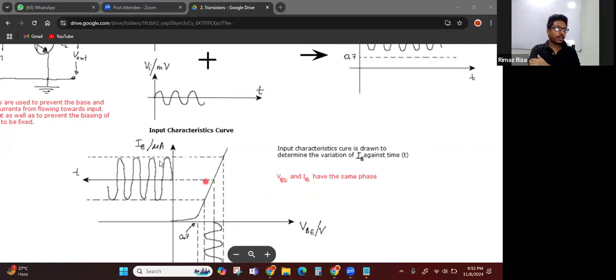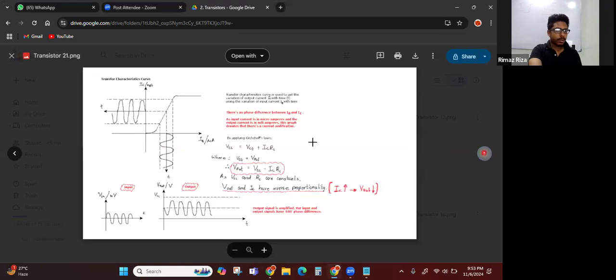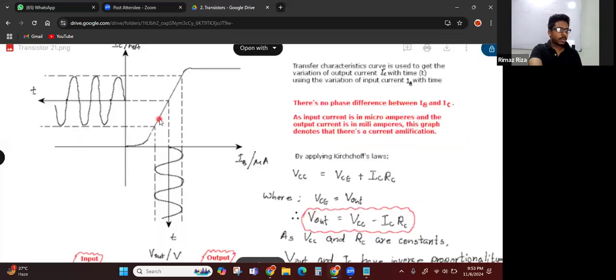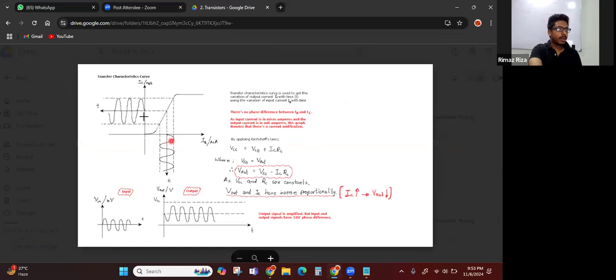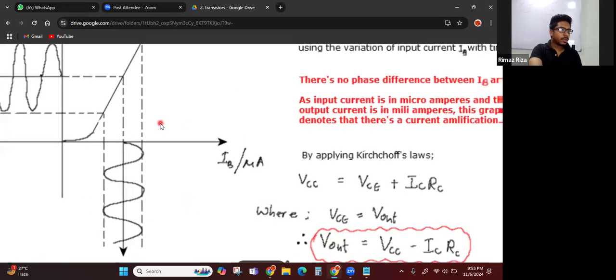And with this IB, IC will oscillate, right? And we know if the transistor is in the active region, IC is proportional to IB. So that one, I think, on the next page. Here, with IB, IC varies. Now here IB corresponds to this value. So you can see throughout the process, it has to be in the active region. So this is very important.